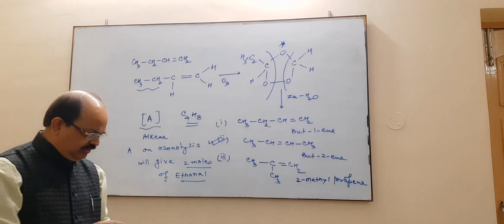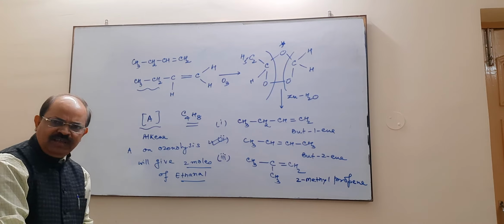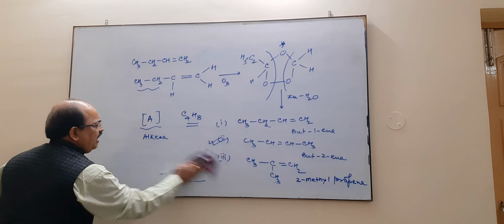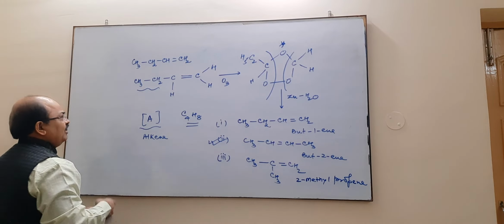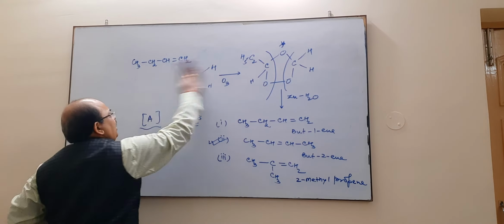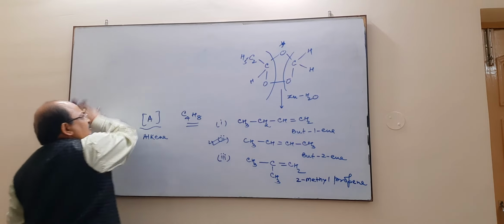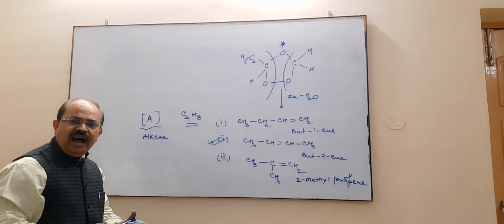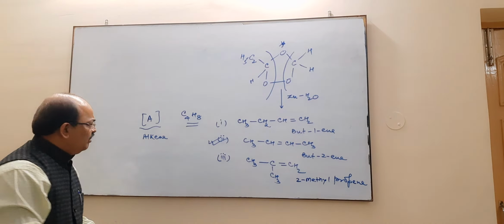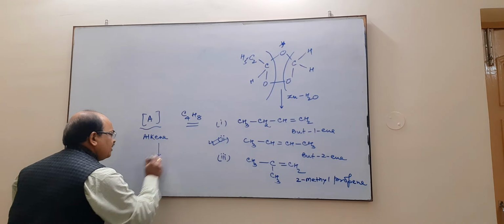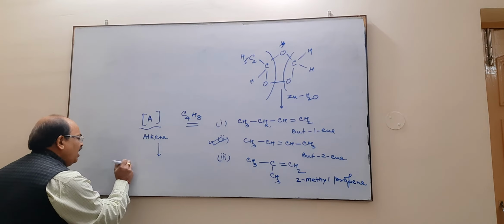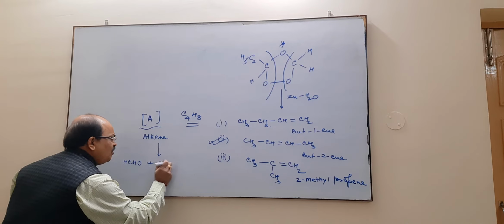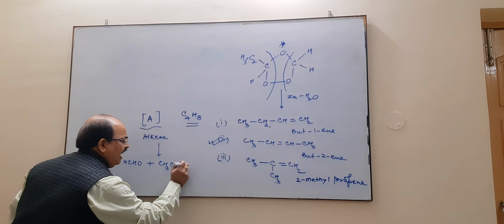Let us suppose another question. Your A is an alkene which has the same molecular formula C4H8, but after ozonolysis it gives 1 mole of formaldehyde, that is methanal, and another mole of propanal.